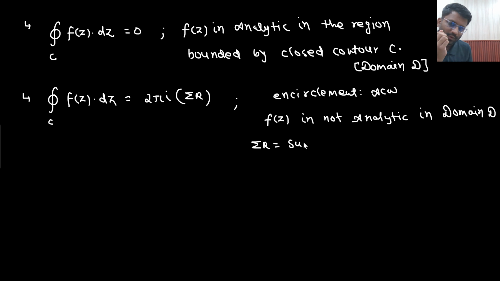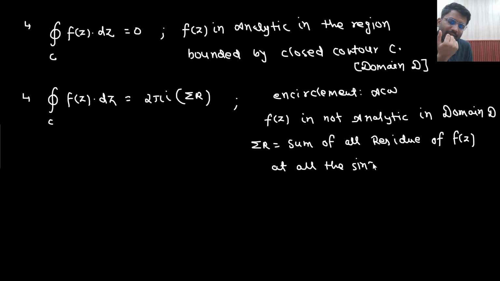Summation R is the sum of all residues of f(z) at all the singularities inside the domain D.